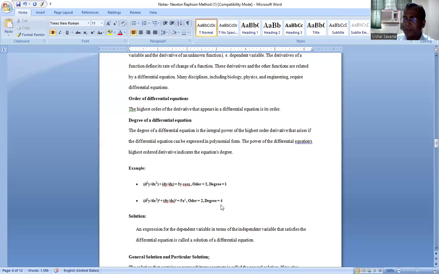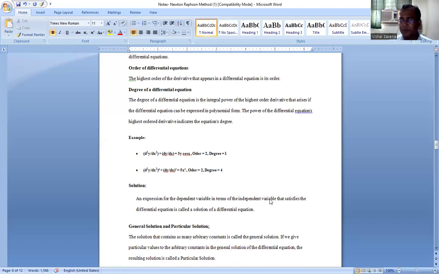In this equation, the second order term is the highest order present. So again, the order will be 2 for this equation, and the degree will be 4, because this highest order term has exponent 4. So 4 is called its degree. In this way, we can determine the order and the degree of a differential equation.